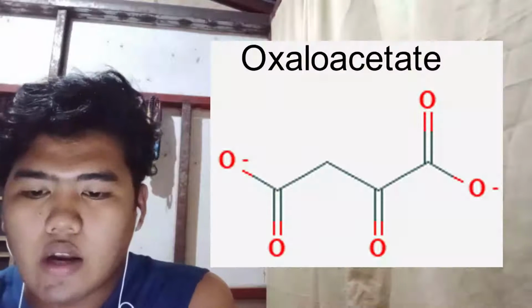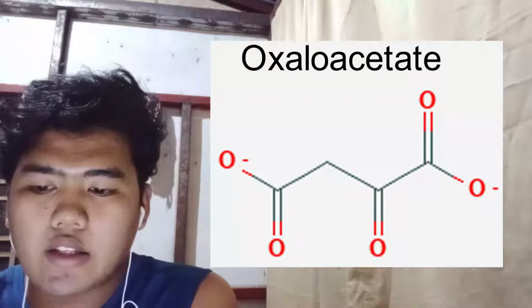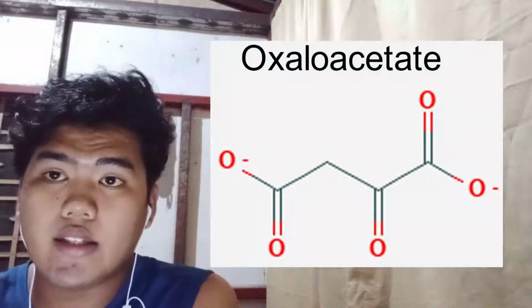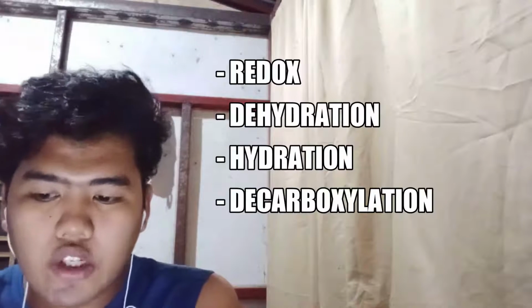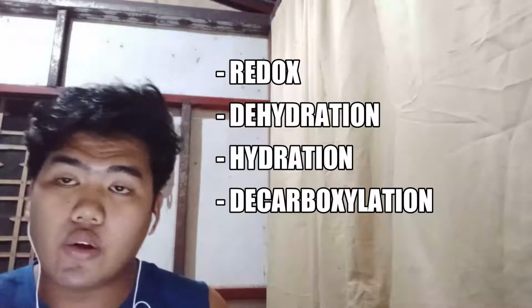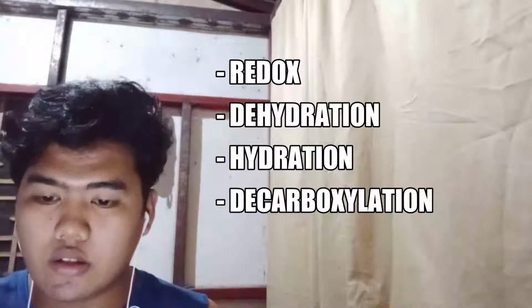We would like to end our presentation with the key points and key terms that we learned in this discussion. Key points. The 4-carbon molecule, oxaloacetate, that began the cycle is regenerated after 8 steps of the citric acid cycle. The 8 steps of the citric acid cycle are a series of redox, dehydration, hydration, and decarboxylation reactions.